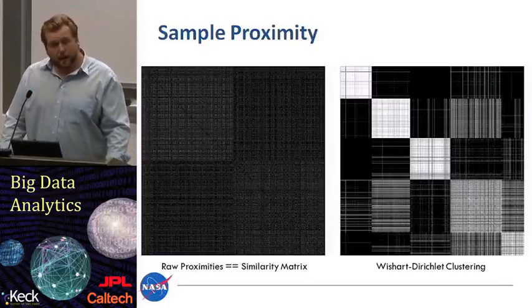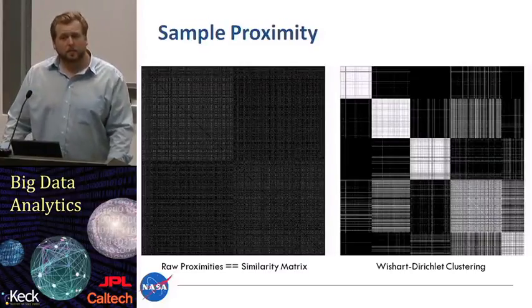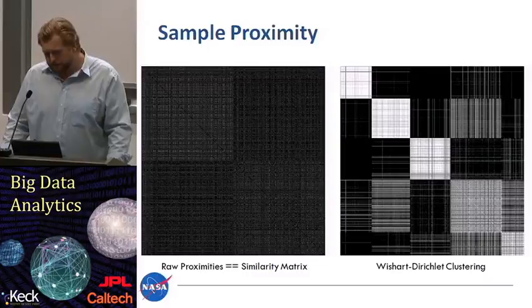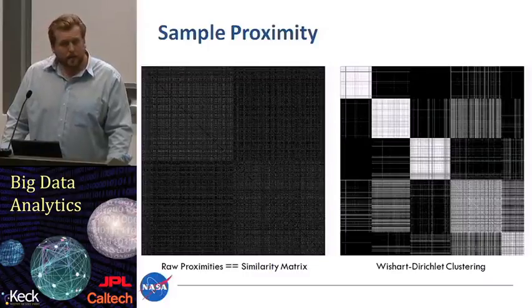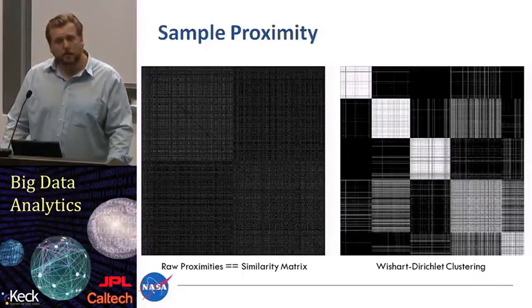We now can cluster that matrix with some kind of clustering algorithm. It could be something very simple like standard Ward clustering or hierarchical clustering, agglomerative clustering, or something more advanced like a Wishart-Dirichlet clustering, which does a nice partitioning in this case. And you can see the result on the right side.